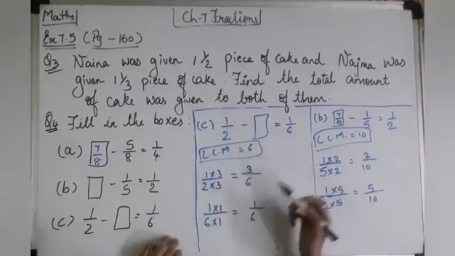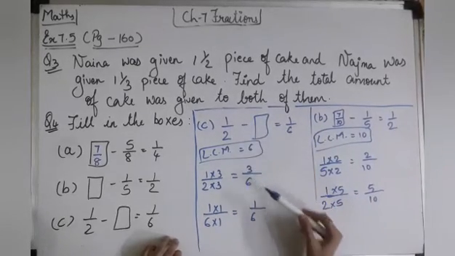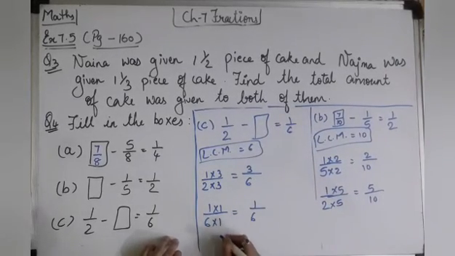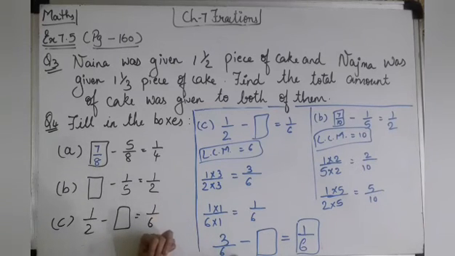So okay, what we got? See, I'll write here. You get 3 upon 6 minus dash is equal to 1 upon 6. If in denominator 6 is there, so I'll write 6.